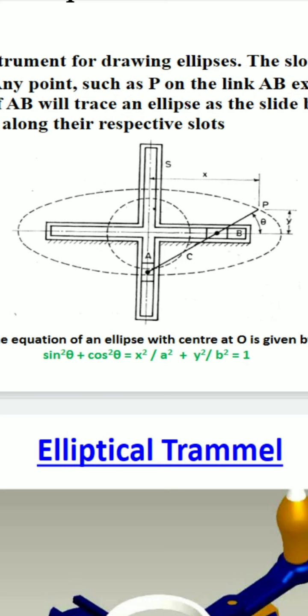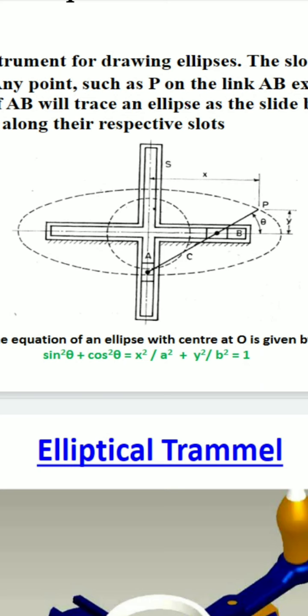As I told you, the midpoint of AB traces a circle. The coordinates of an arbitrary point P can be taken as X equal to a cos theta and Y equal to b sin theta, where a and b are the distances from the horizontal axis and vertical axis respectively.